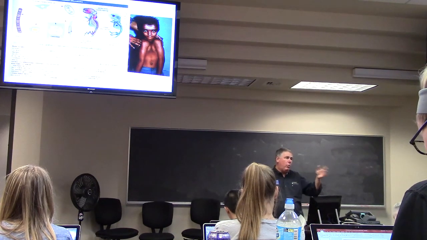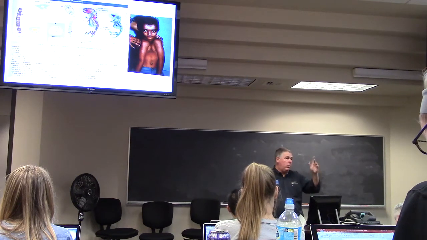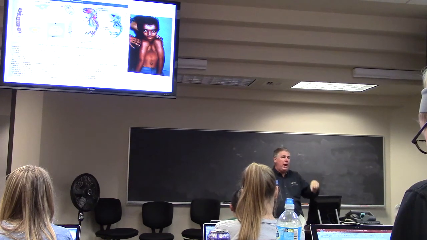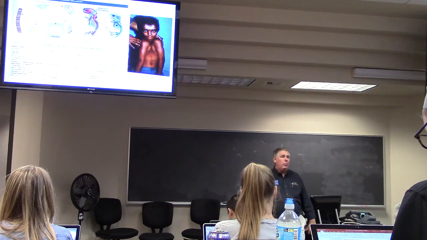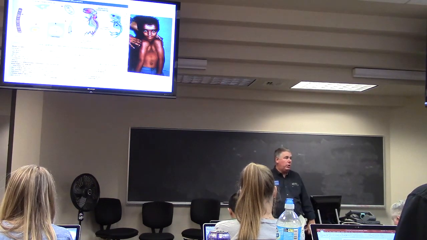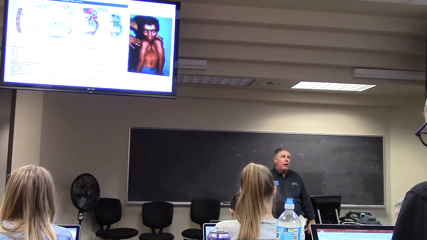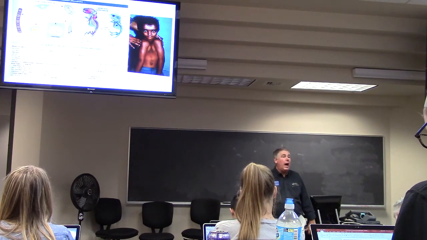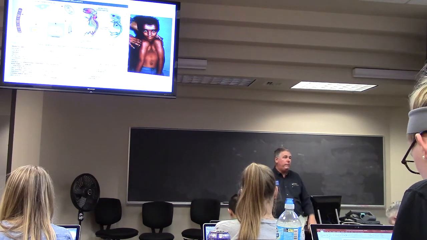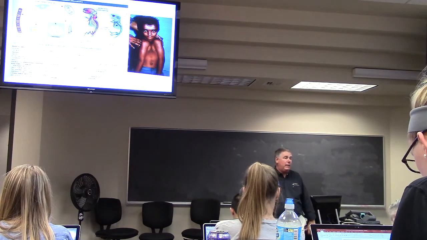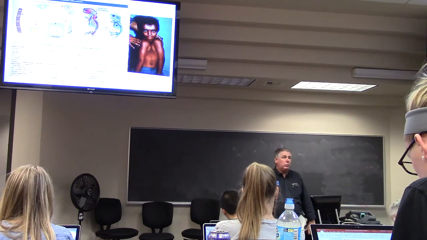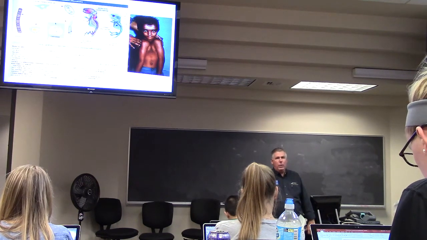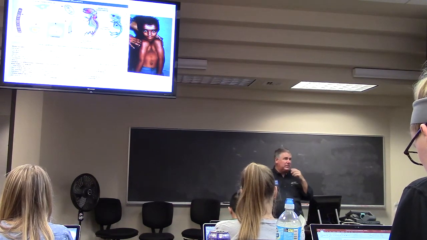To transform a cell from one of these mesenchymal cells into a bone-producing cell, or an osteoblast, requires certain genes to turn on. One of them in particular is the CBFA gene. If you have a mutation in that gene, it produces all sorts of congenital anomalies in the skeleton.